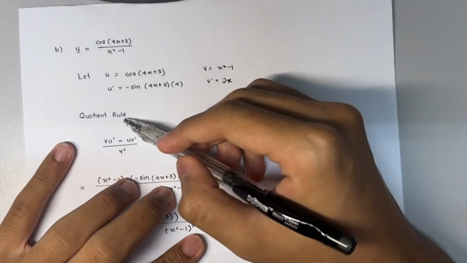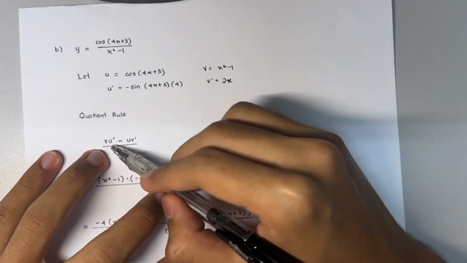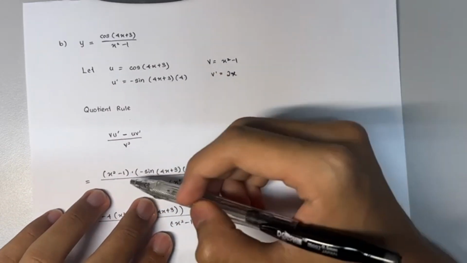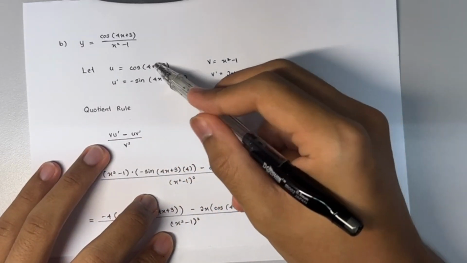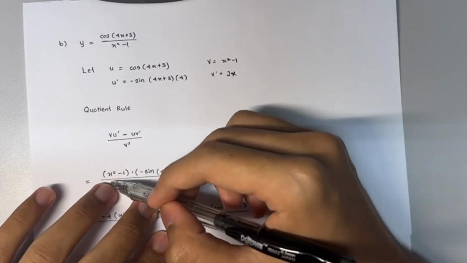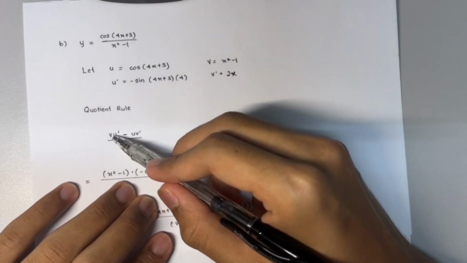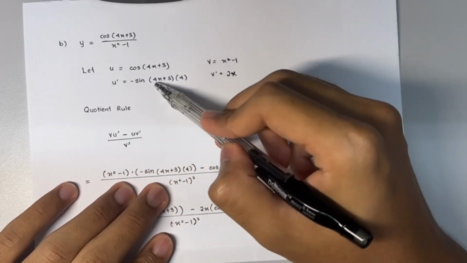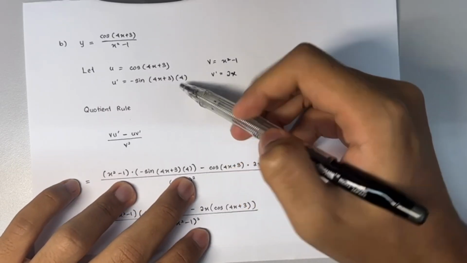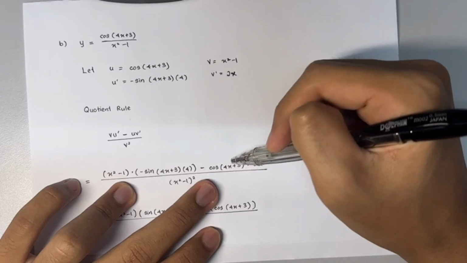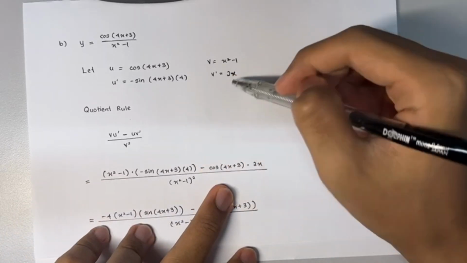For the quotient rule, the formula is (v times u prime minus u times v prime) over v squared. So we insert the answers that we get: v equal to x squared minus 1 times u prime, which is negative sin(4x plus 3) times 4, and we minus u, which is cos(4x plus 3), times v prime, which is 2x.